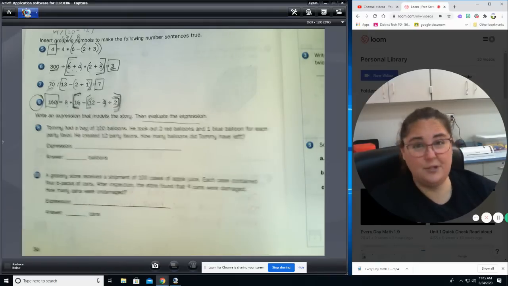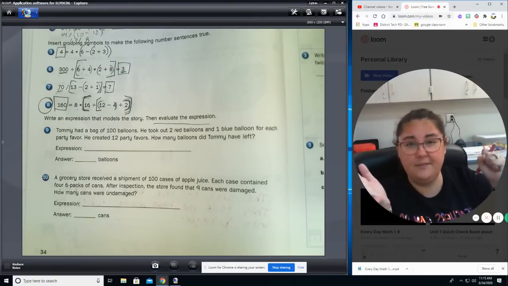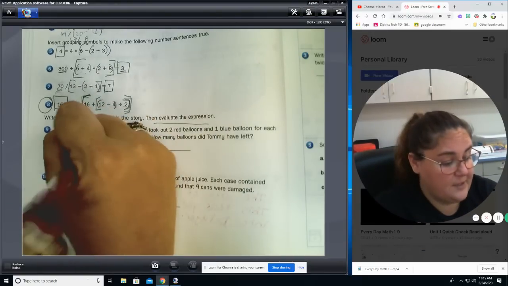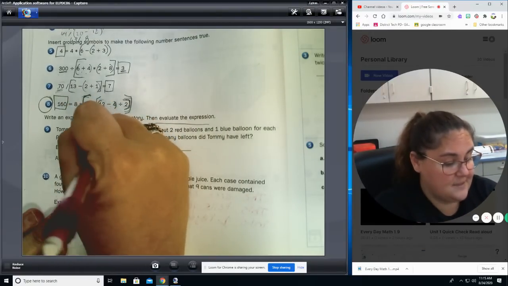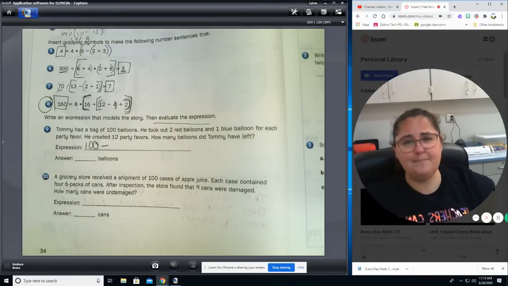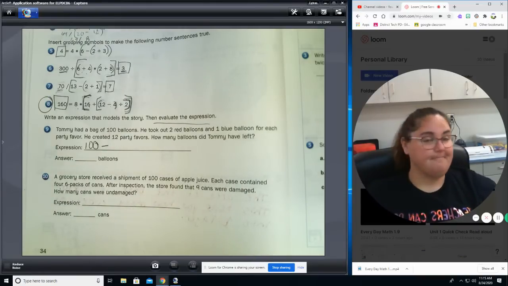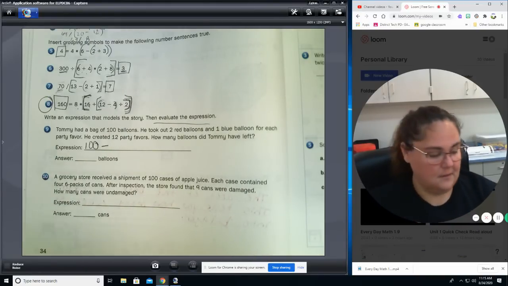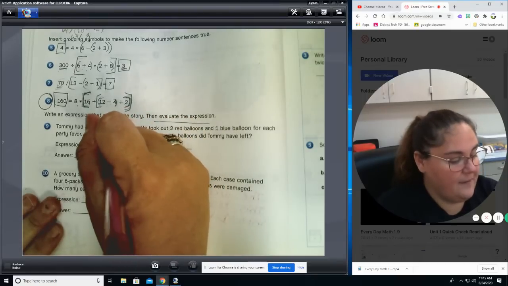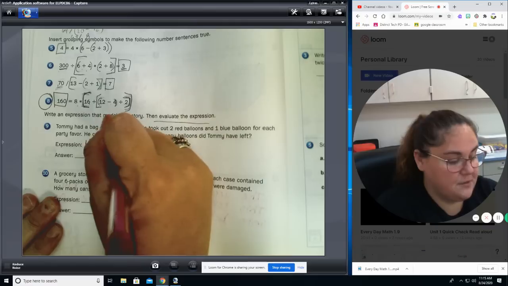So he started with 100 and he took away all of these things. So I know I'm going to end up doing 100 minus something. But do I know what to subtract yet? I don't know my answer yet. So I know that there are 12 party favors.